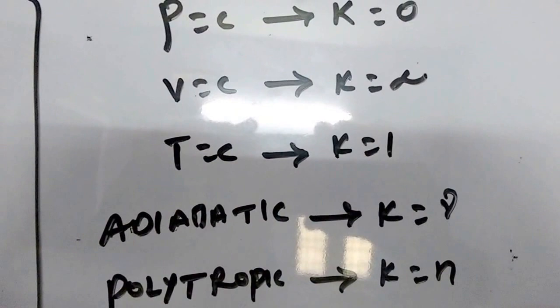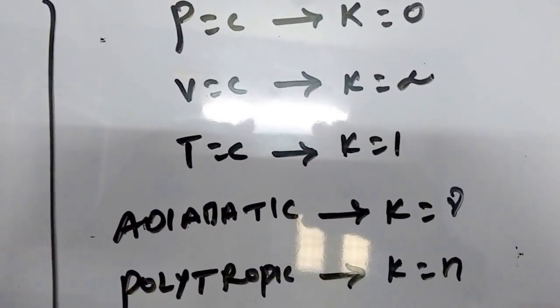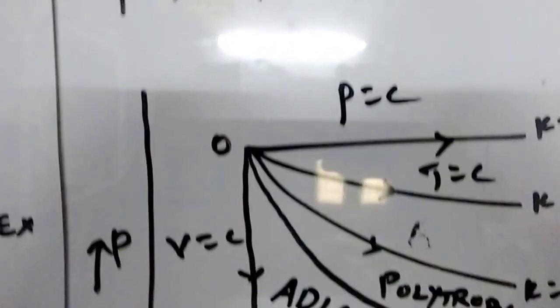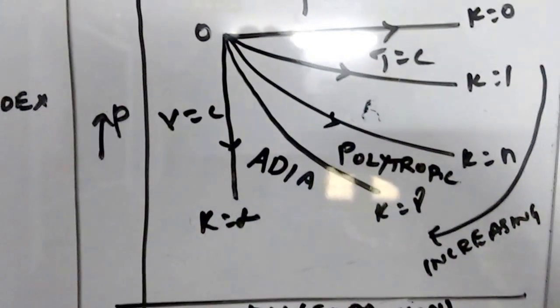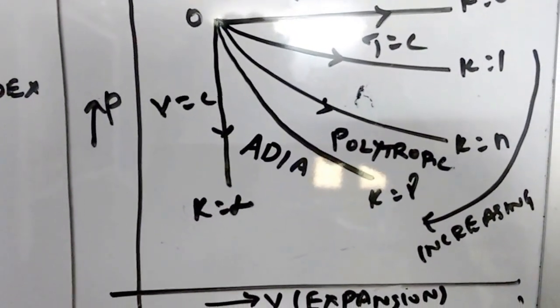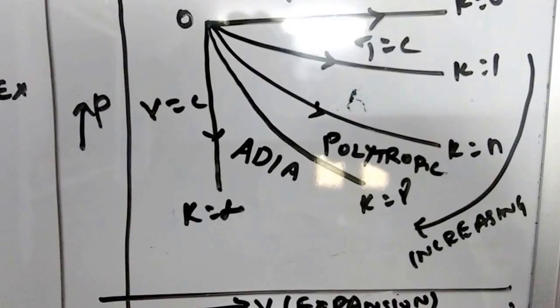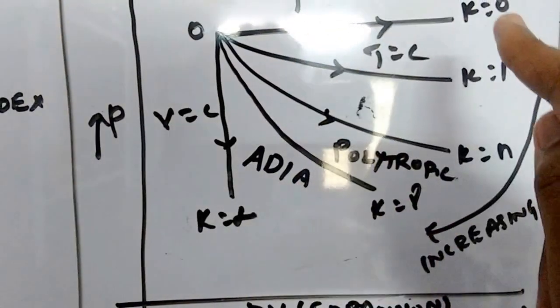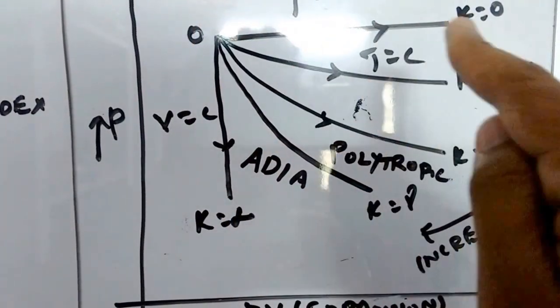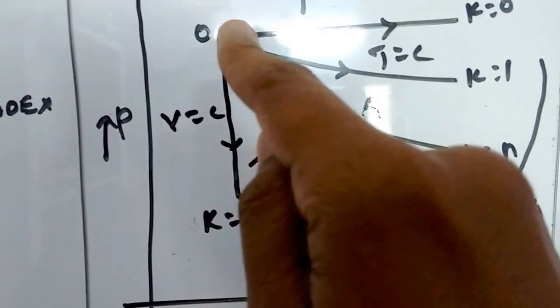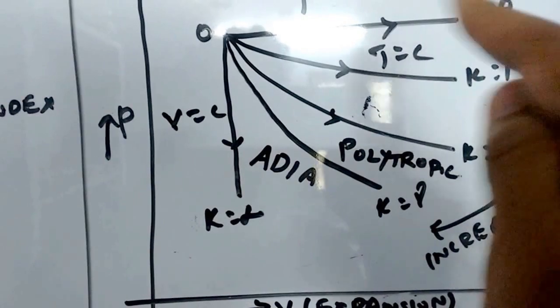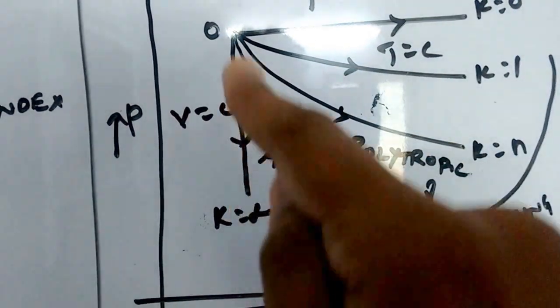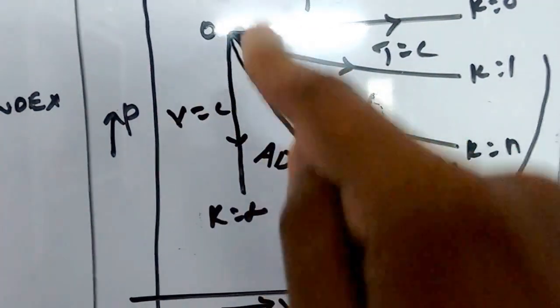If we plot all these processes on a PV diagram, we will get curves like this. If we plot pressure against volume in an expansion process, K = 0 is the constant pressure process, and K varies from 0 to infinity. K = infinity is the constant volume process.